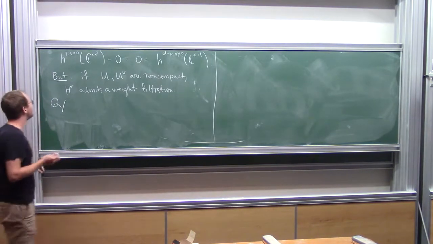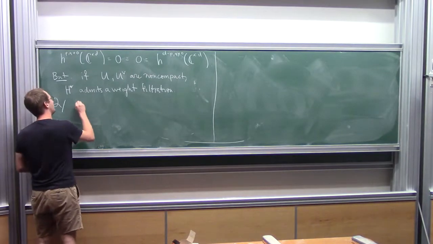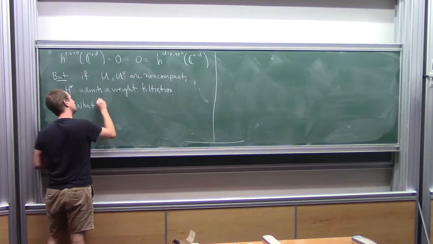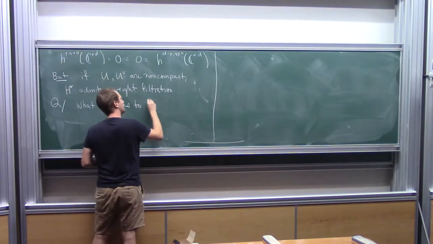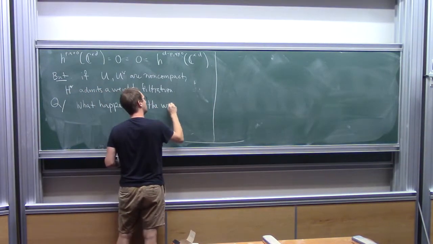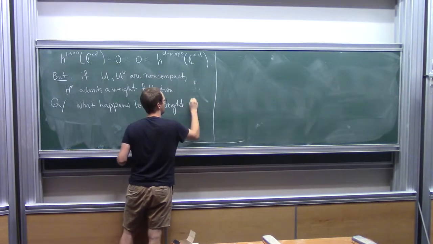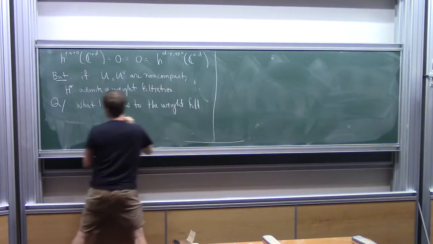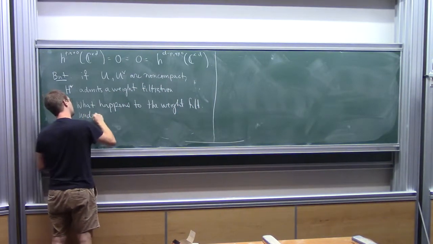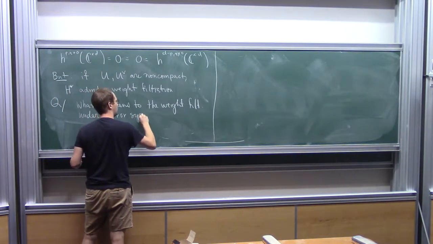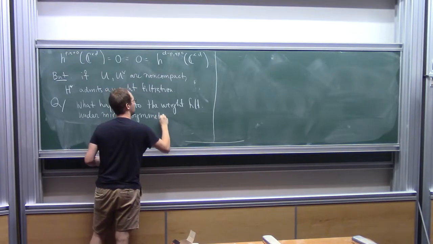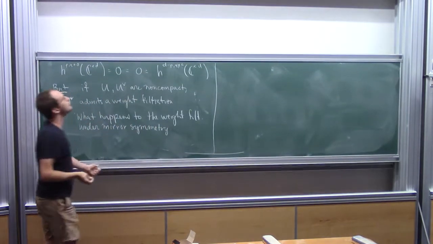So the question is, what happens to the weight filtration under mirror symmetry? Just to sanity check this, the sum of these h^{p,q} is equal to the total rank of cohomology.